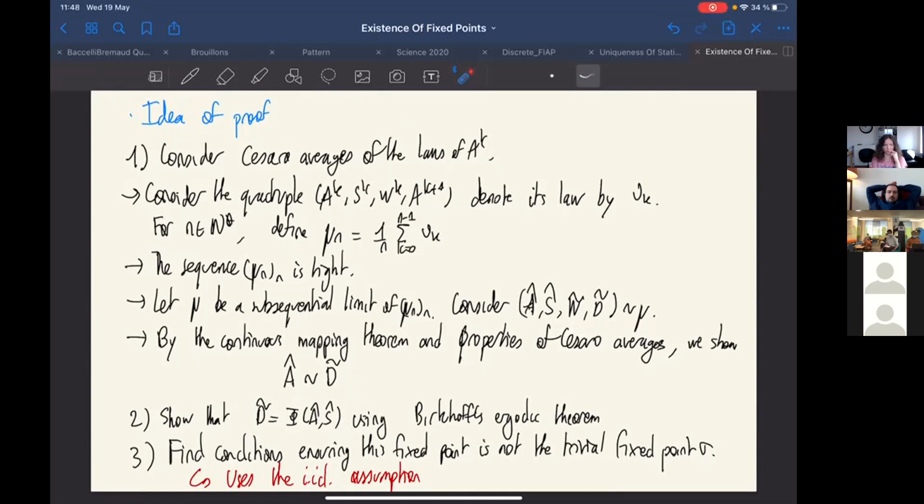And this is exactly the second part of the proof. You show that the distribution of A tilde is indeed precisely the distribution of phi, the mapping of A and S, which, as a reminder, have been defined here. So A hat and S hat are marginal distributions of this mu, which is the subsequential limit of mu n.